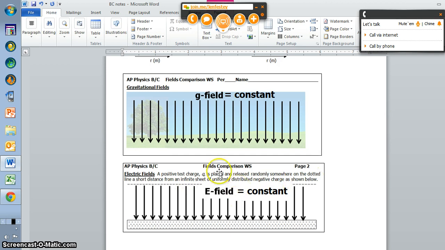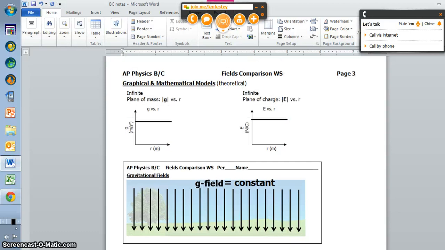It's constant. So noticing it's parallel and uniform, maybe the same is true for the E field. We haven't proven it, but that's our supposition at this point. So the G field would be constant, no relationship, and the E field would be constant, no relationship, for an infinite plane of mass.